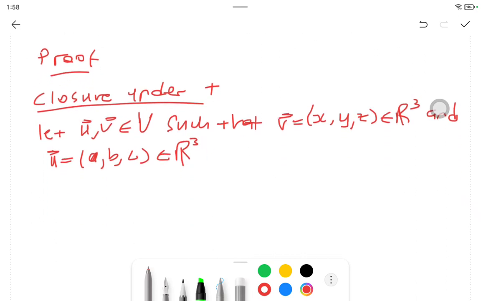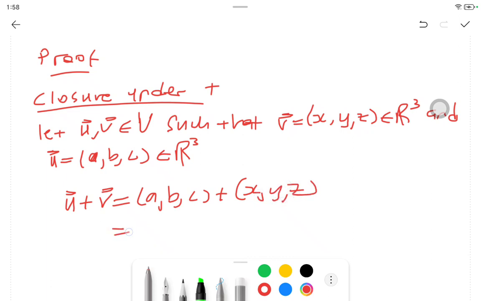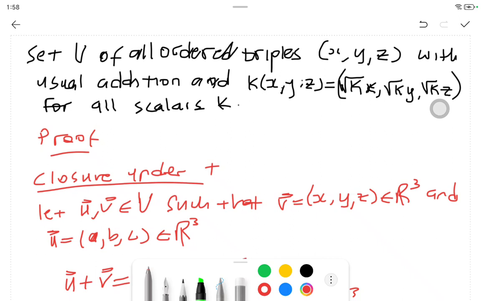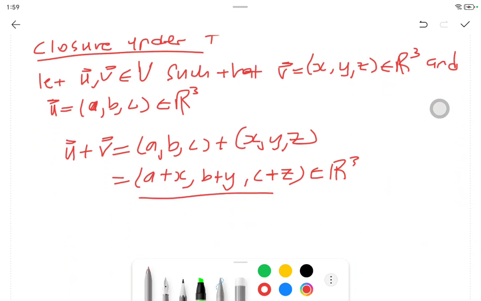Then u plus v equals a, b, c plus x, y, z, which equals a plus x, b plus y, c plus z. And this is also a triplet.